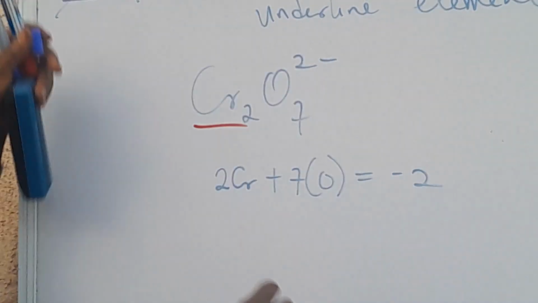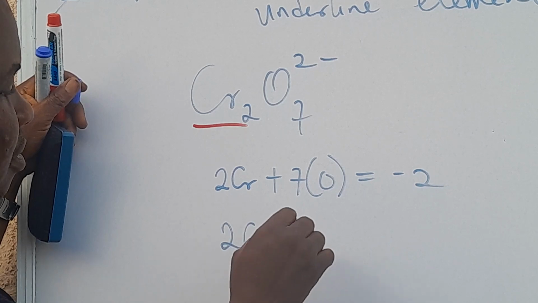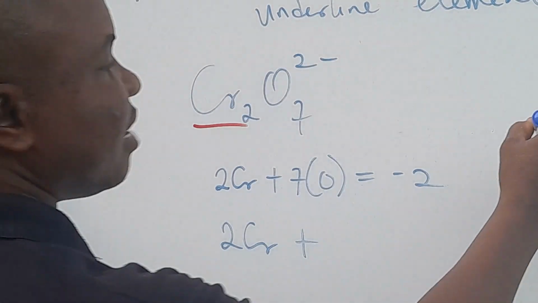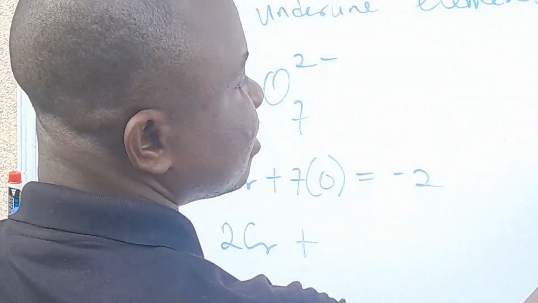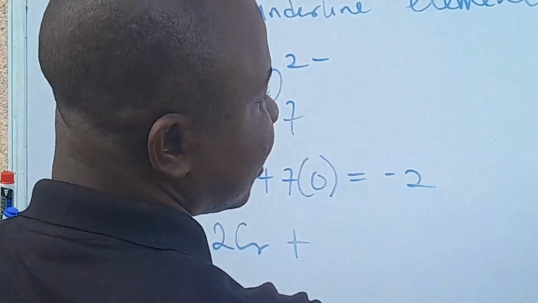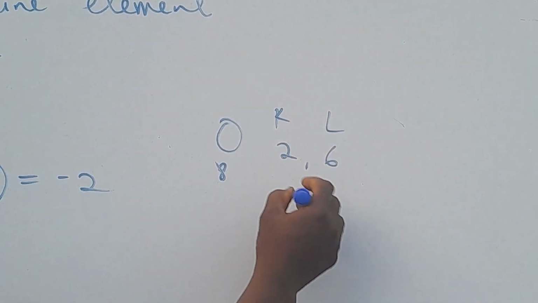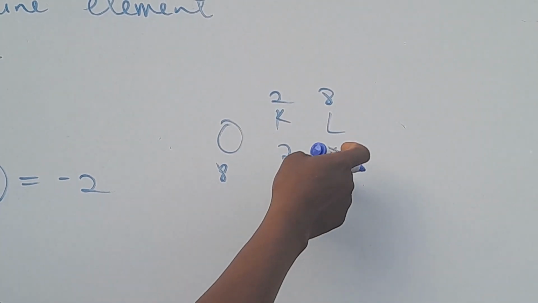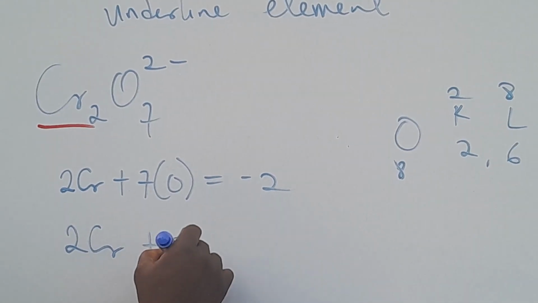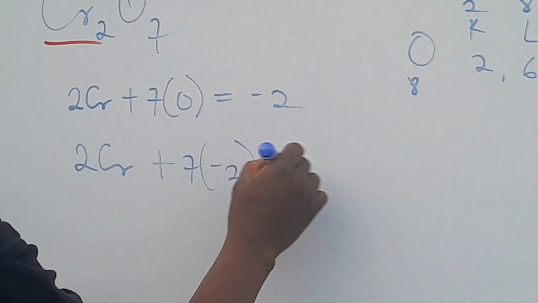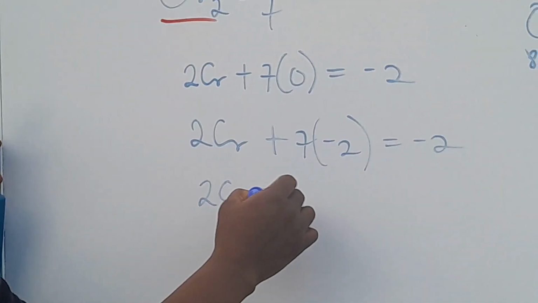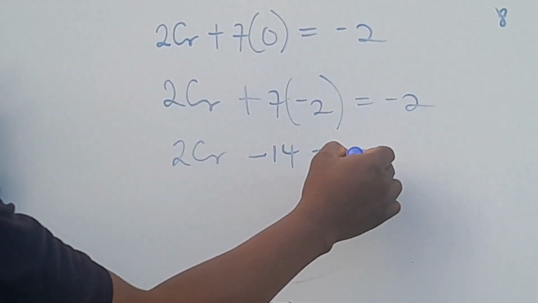Quickly, let's look at it. So 2 chromium plus, what's the value of oxygen? It is minus 2. Let me remind you, oxygen is 8, 2, 6. That's the atomic shell. The maximum number is 8. All right, so we have 2 left. So we have 7 multiplied by minus 2, equals minus 2. So we have 2Cr minus 14 equals minus 2.